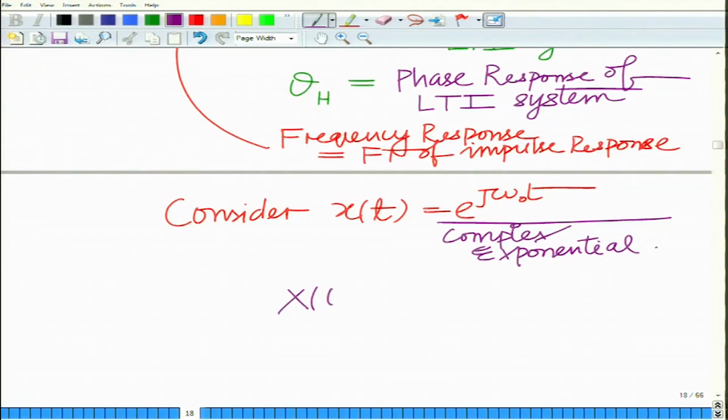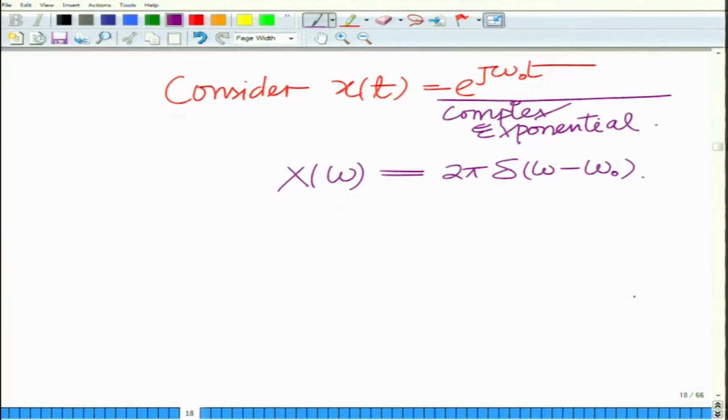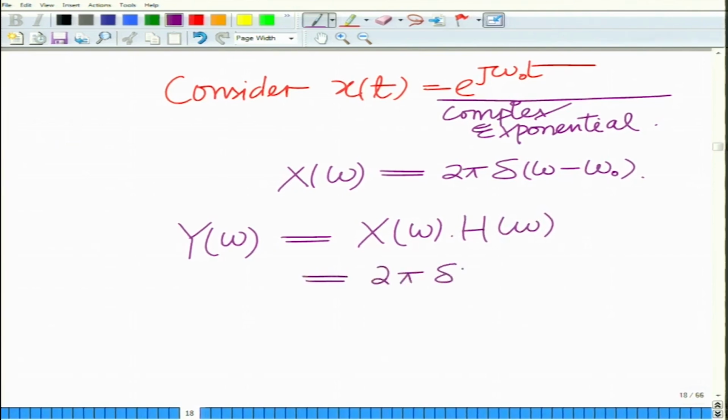The Fourier transform of this is X of omega, that is the shifted impulse 2 pi delta of omega minus omega naught, an impulse at omega naught scaled by 2 pi, and therefore, the response to this input is Y of omega equals X of omega into H of omega, where h is the impulse response, that is nothing but 2 pi delta of omega minus omega naught into H of omega.